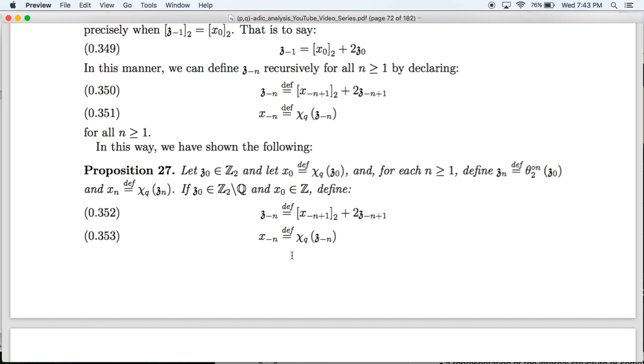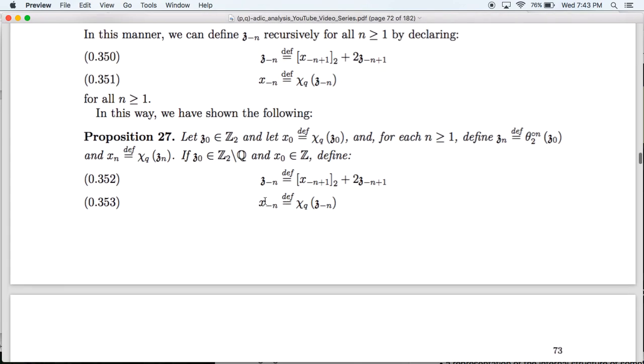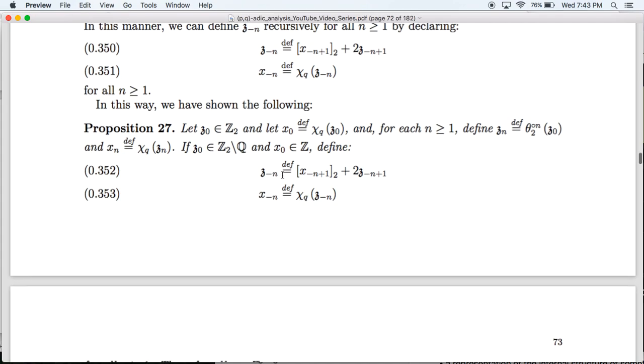Fix z0 in Z2, and let x0 be chi-q of z0, and for each n greater than or equal to 1, define zn as the nth shift, and xn as the image of zn under chi-q. If z0 is irrational, and x0 is an integer, we can then construct this trajectory. Actually, is it forwards or backwards? I forget.